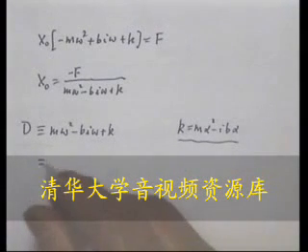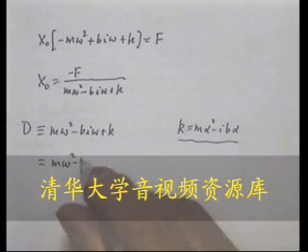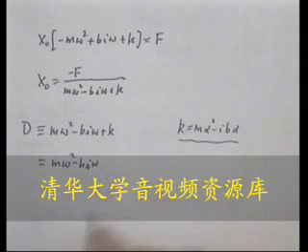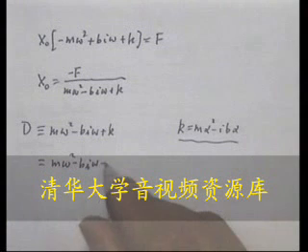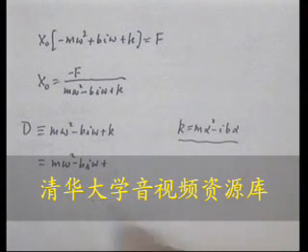So I substitute that in there, I get minus m omega squared plus b i omega plus, so something's wrong, just a minute. Did I get a sign wrong?